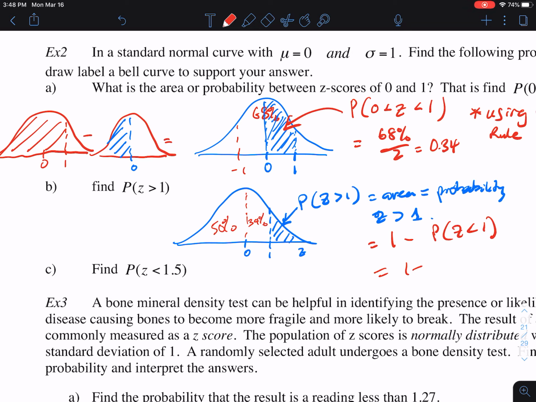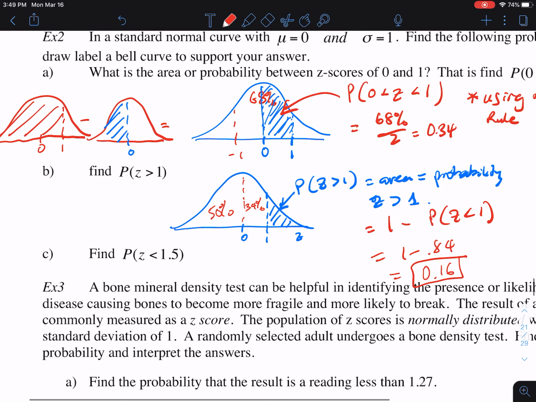So 1 minus 84%. Oh, let me just do that again. Okay, there you go. So that's 0.16 as the answer.